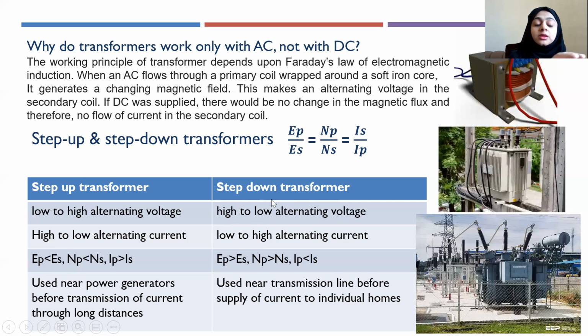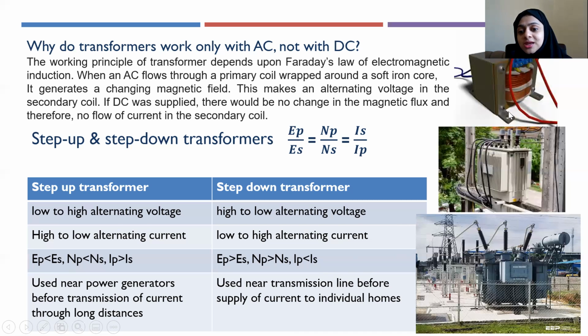Once we bring the current generated at the power generating stations to the place where it is distributed to homes, we will use a step-down transformer. So a step-down transformer is used to reduce this high voltage which is coming, that is, to convert low current to high current, and it is used near the transmission line before supply of current to individual homes.